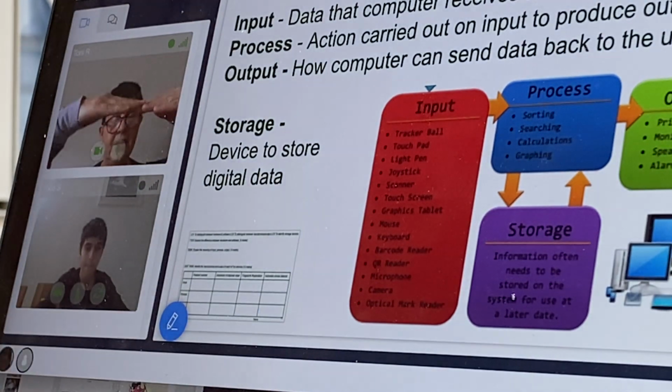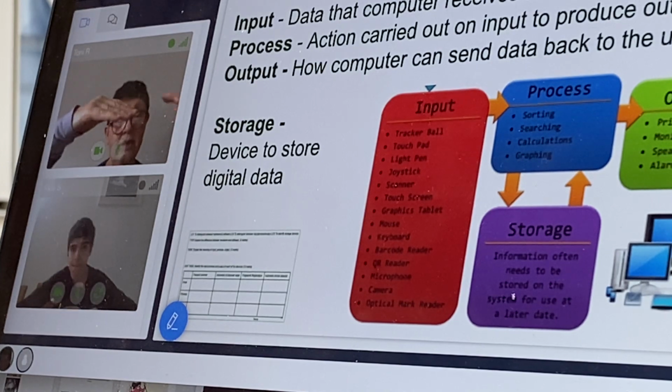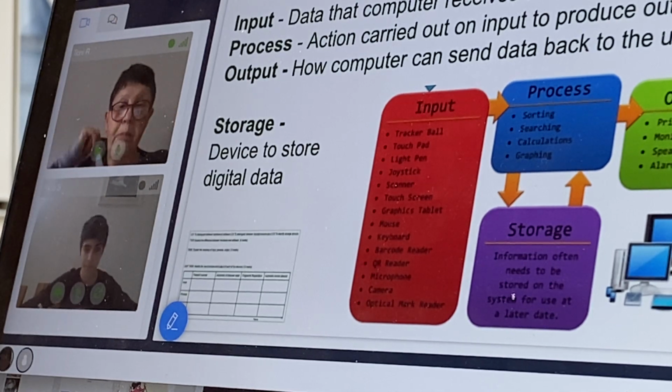Okay, so the process matches up your data input to its program. Yes. Okay? And then output.